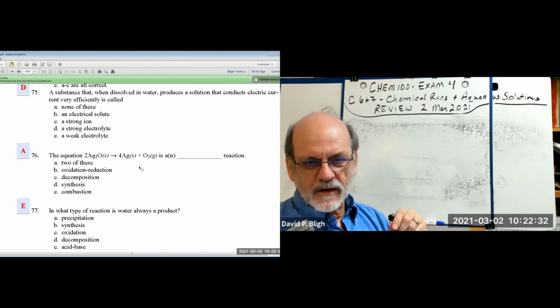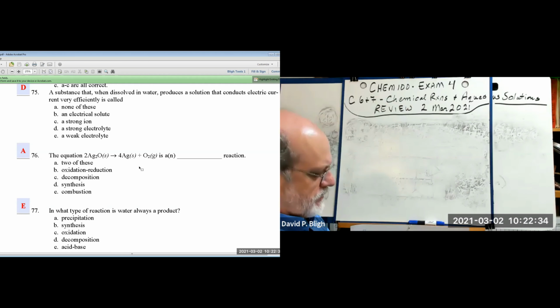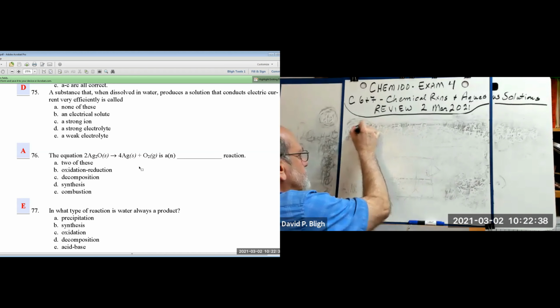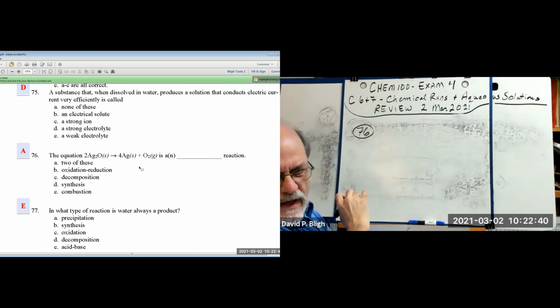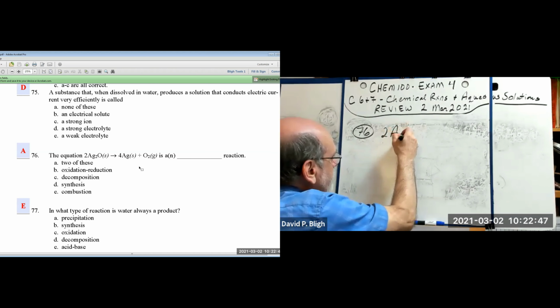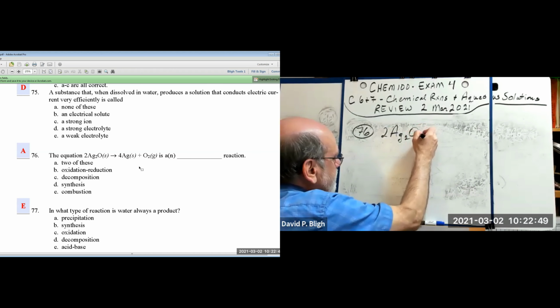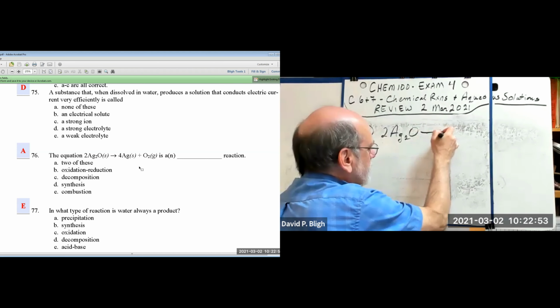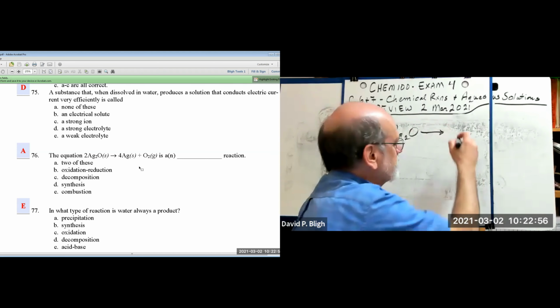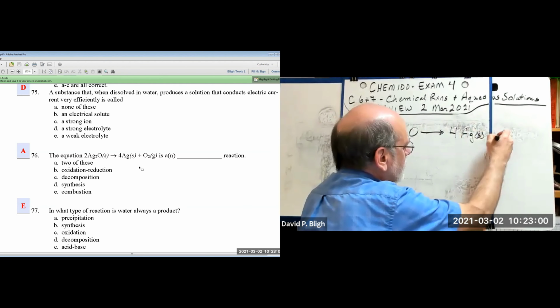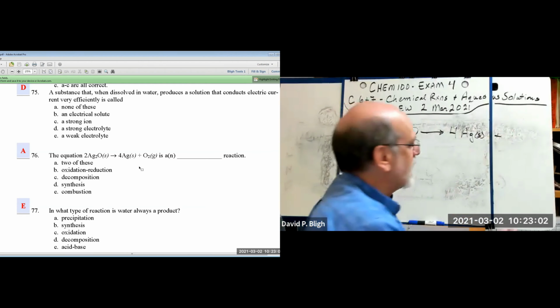All right, what type of reaction is 76? So we got silver oxide and, oh, what is it doing? It's giving us silver metal plus oxygen.